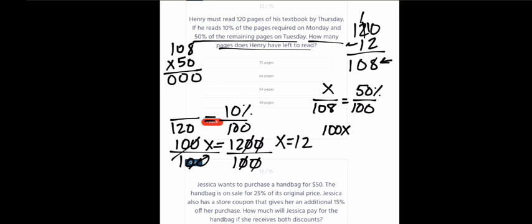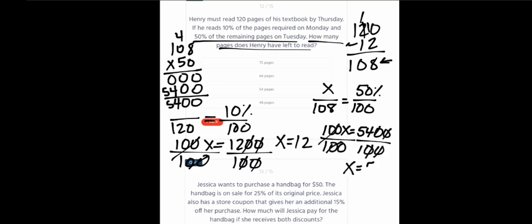We make a little space here. Now 5. I put my placeholder 0. 5 times 8, 40. Put the 0, carry the 4. 5 times 0 is 0, plus 4, 4. 5 times 1, 5. I add it up, I get 5,400. Now I'm going to divide by 100 to get the x by itself. I cross out these extra zeros, and I end up with x equals 54. So that's what he reads on Tuesday.